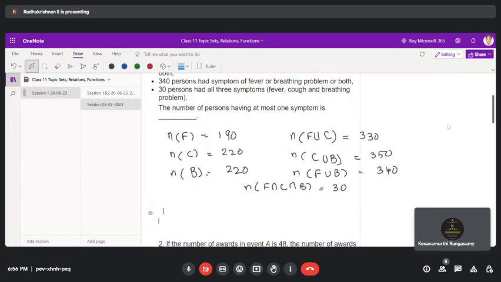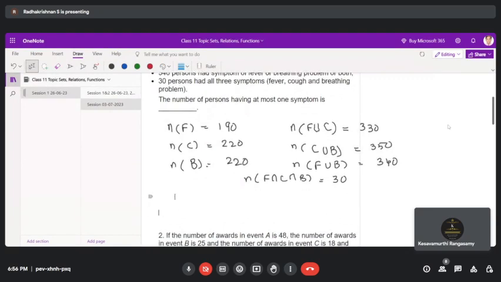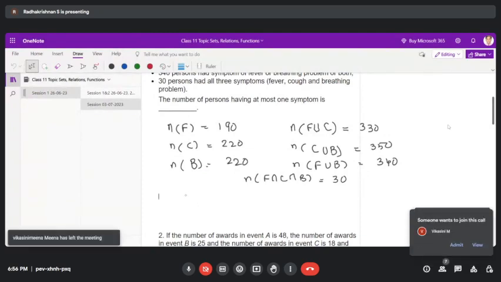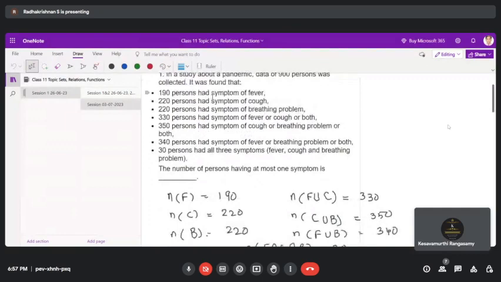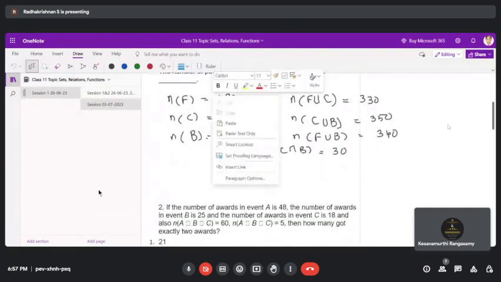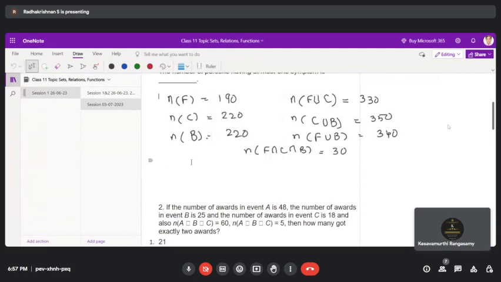So how can we find it? Any idea? Totally there are 900 people, which is also given, so we write it as n of universe.